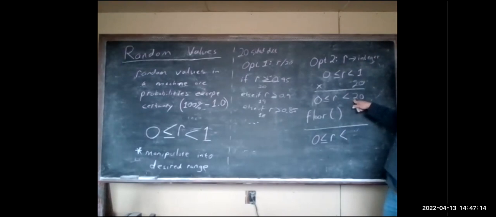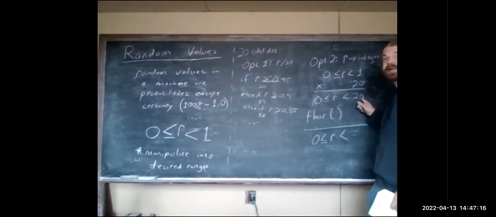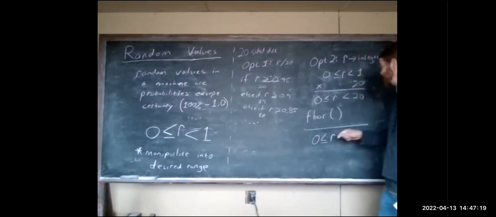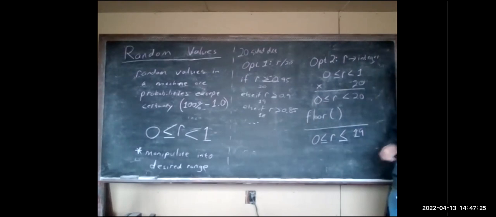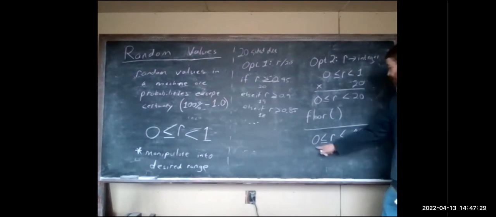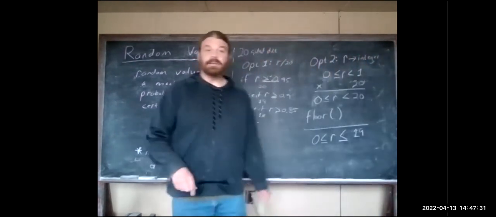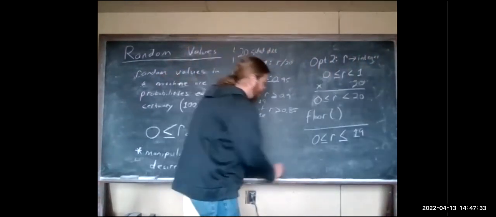And that slightly smaller than 20, the 19.9999999 stuff, well, that drops down to 19, and we get that equality there, because we do have exactly 19 there. So that gives us 20 integers to work with.